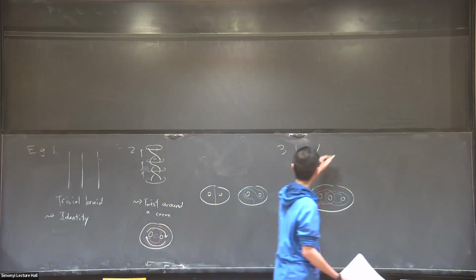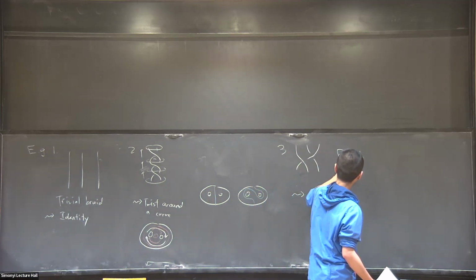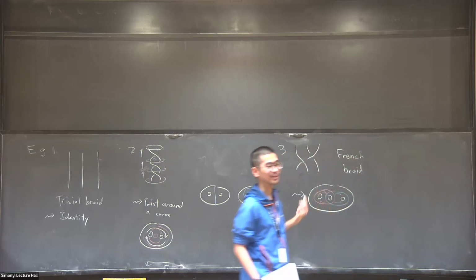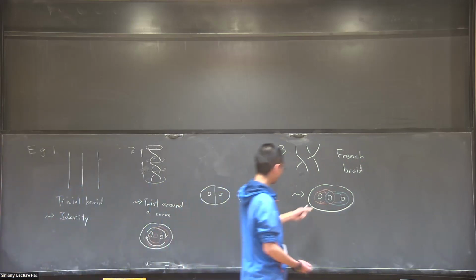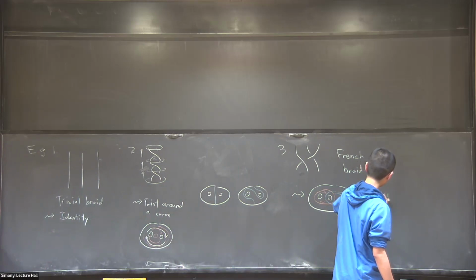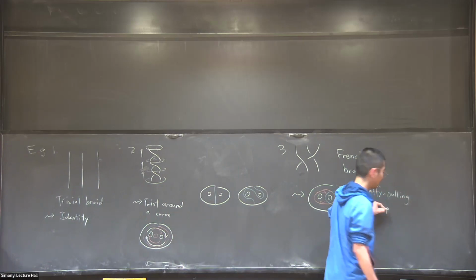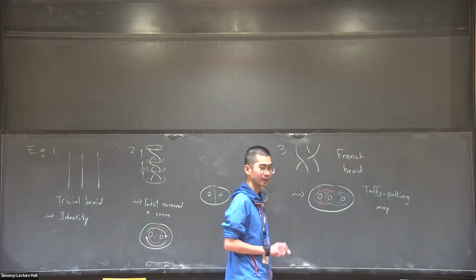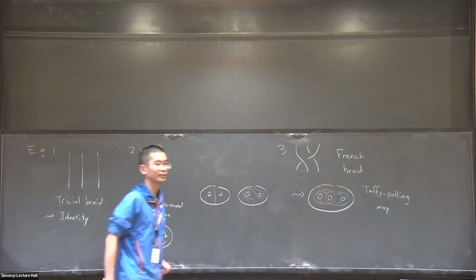This is called the French braid. I think this is one way of braiding hair, even though, as you can see, I have no experience with hair. This also has a name, the taffy pulling. If you look at a machine that pulls taffy, it has three things, and it spins one and then the other, and repeats that over and over again.